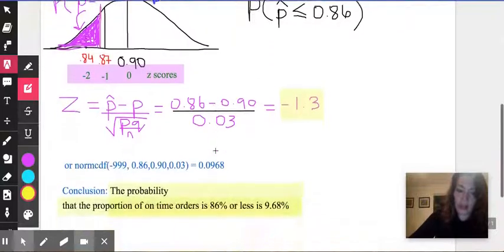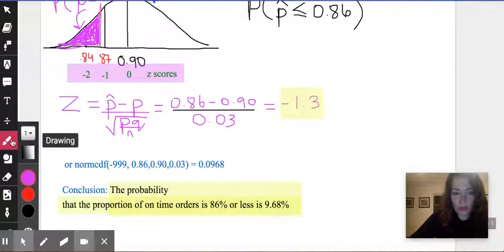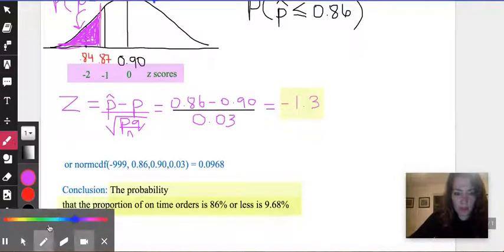Then looking at our calculator, we can use norm CDF, or if you use a normal distribution table, you could look at a z-score of negative 1.3 and calculate the probability from a table. But using the norm CDF, remember, we always put in our lower bound first.